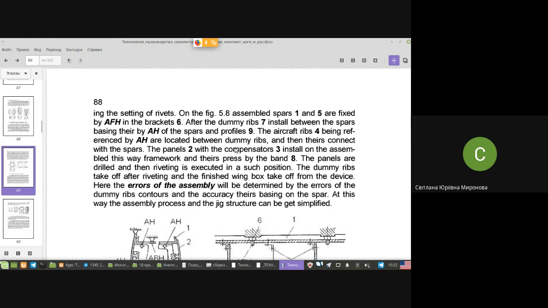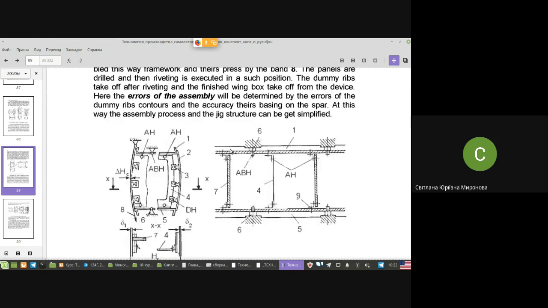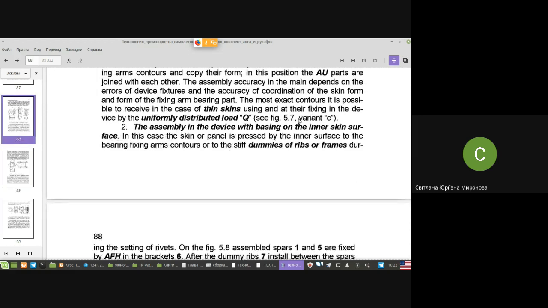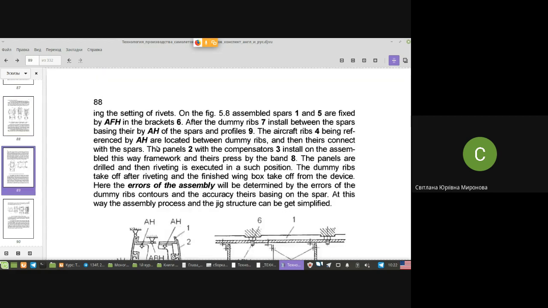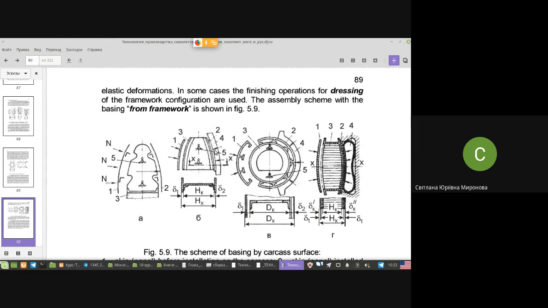By inner surface of skin, where it's written at the bottom here, inner surface of skin. And the third one is with locating to the surface of inner structural elements, airframe. Frames, rims, ribs, stringers, and so on.